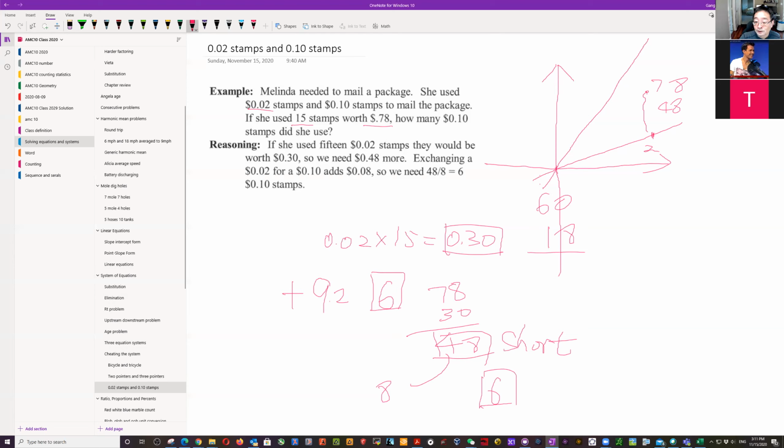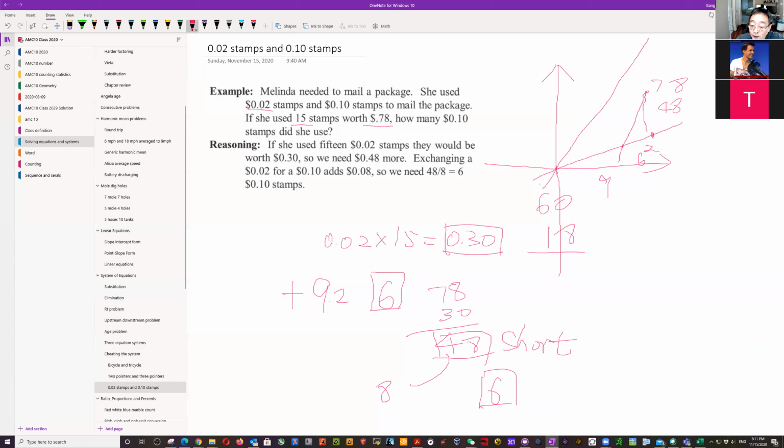And we know that the difference of the slopes between them is 8. So for every unit, it will catch up 8 of those. So I know I have to go backward 6 units in order to do it. After you do it, you travel the line by 9 steps of 2 cents, then go up the remaining 6 steps of the 10-cent higher slope.